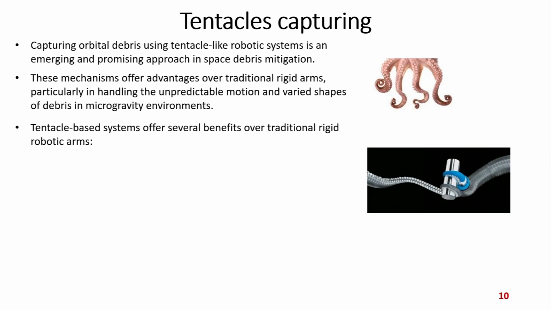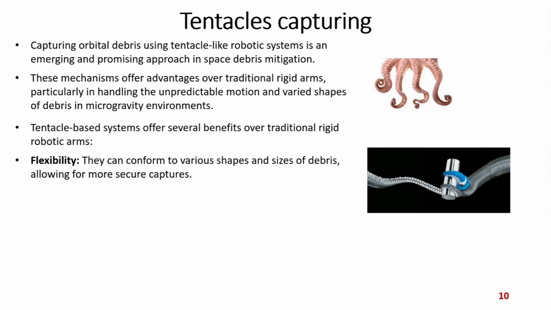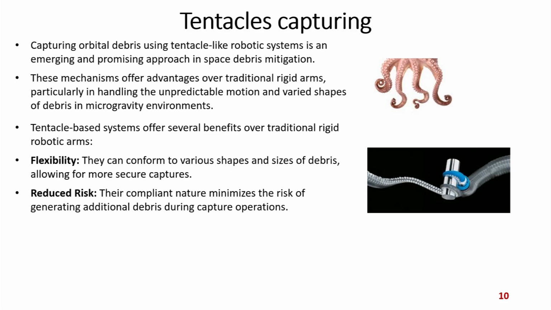These tentacle-based systems offer several benefits over traditional rigid robotic arms. First of all, it is the flexibility. They can conform to various shapes and sizes of debris, allowing for more secure captures, and because of this the risk is reduced. The compliant nature minimizes the risk of generating additional debris during capture operations.